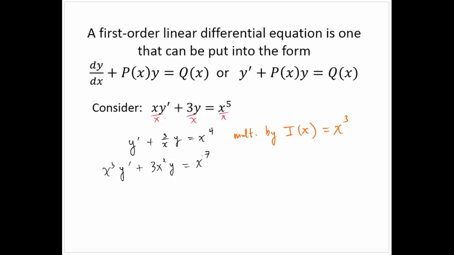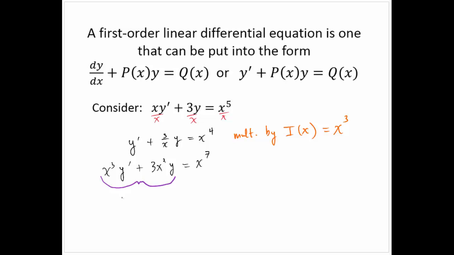So I multiplied through by that integrating factor, and now something nice happens. Let's look at the left-hand side of this equation. You have to notice something here. This looks like the result of a derivative using a product rule.